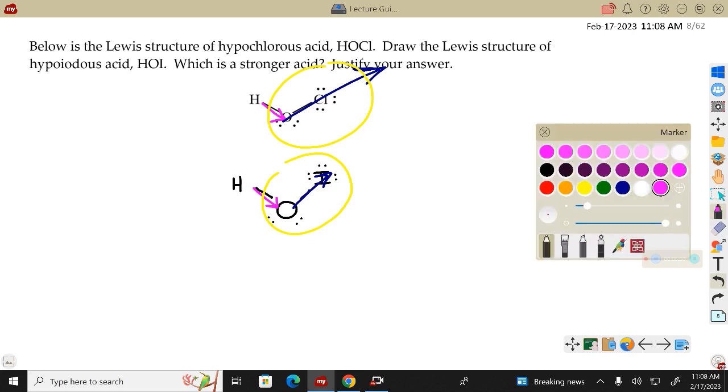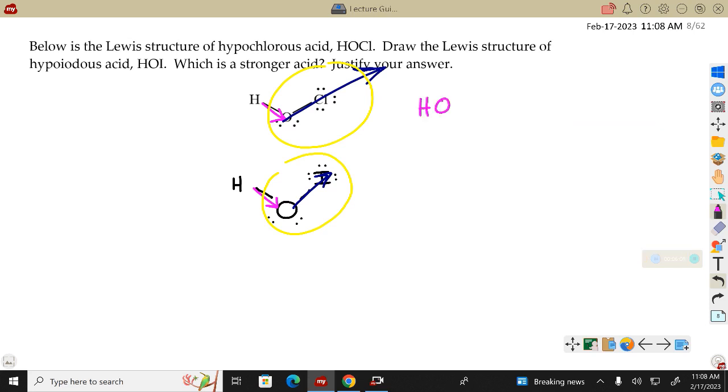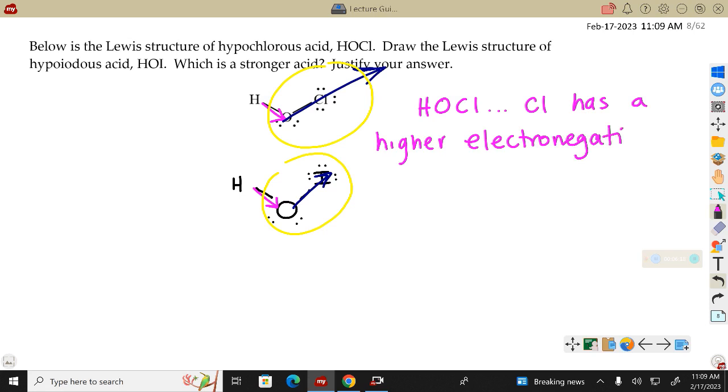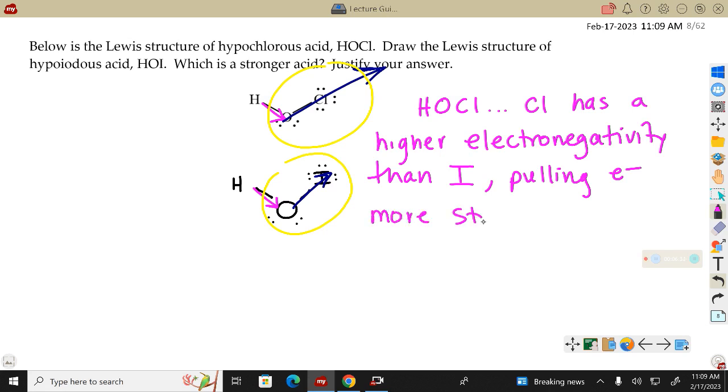So to explain it, again, I'm going to say that the stronger acid is the HOCl. Chlorine has a higher electronegativity than iodine, pulling electrons more strongly away from little hydrogen.